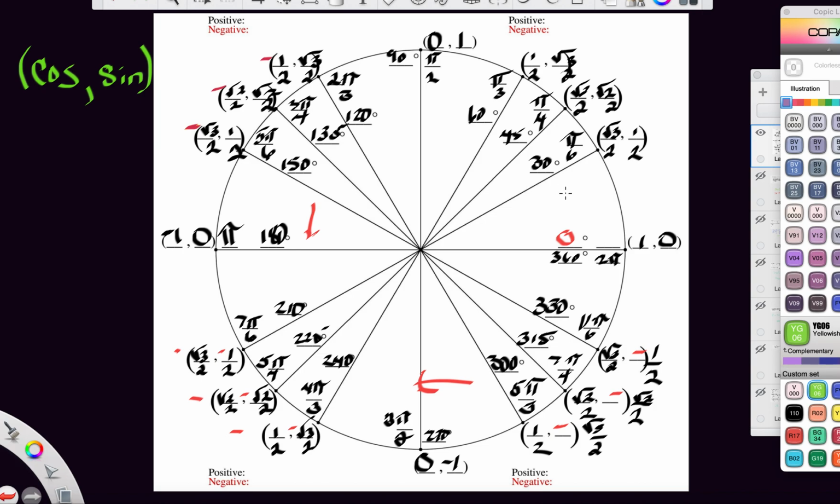So, when I start talking about positives and negatives, in which quadrant is sine positive, in which quadrant is cosine negative, etc., etc., you need to understand where they are as coordinate pairs. Last but not least, you need to understand that tangent, in this case, is equal to sine over cosine. If you know that, then you're good to go.